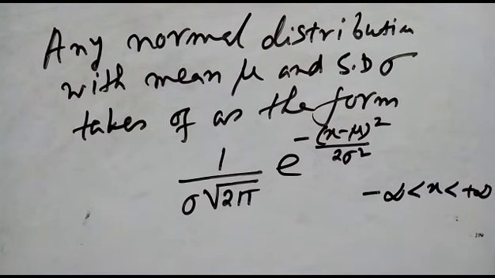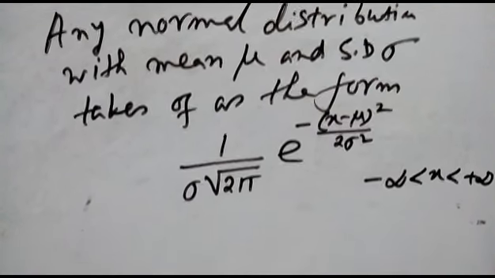This is the symbolization of the normal distribution, and for the standard normal distribution mu is 0, that means mean is 0 and standard deviation sigma is 1.